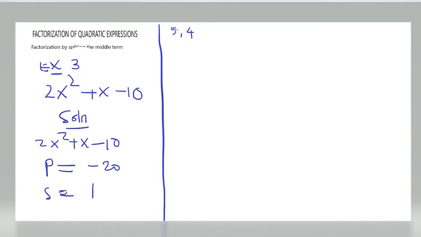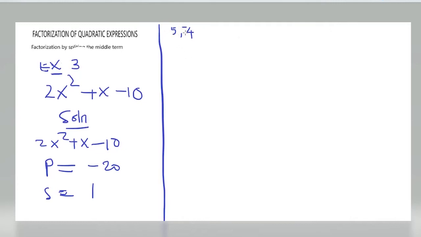Okay, let's think: 5 times 4 is equal to 20, but we need negative. What if I use negative 5? Negative 5 times 4 is negative 20, and negative 5 plus 4 is equal to negative 1, so this one is not true. Okay, what if I put the negative on the 4?